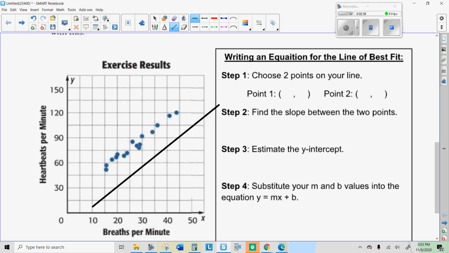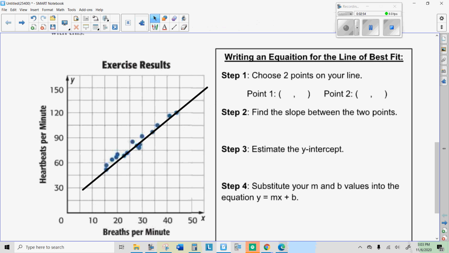Now you can do this with a ruler yourself, or some kind of a straight edge, and then draw in your line. But I want that line to represent the data, the points on the graph. So now I'm going to slide it. Now I think I have the right slope. I'm going to slide it into the data so that about half the points are above the line, about half the points are below.